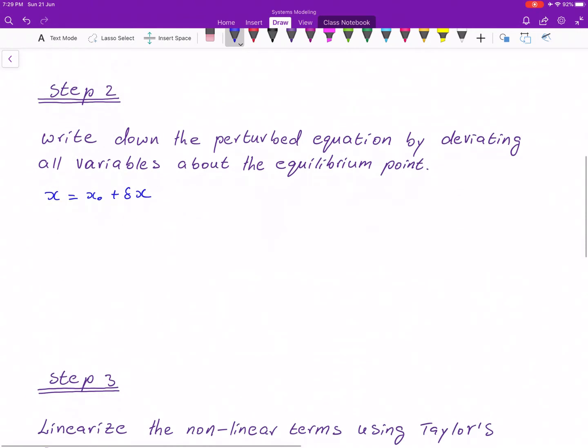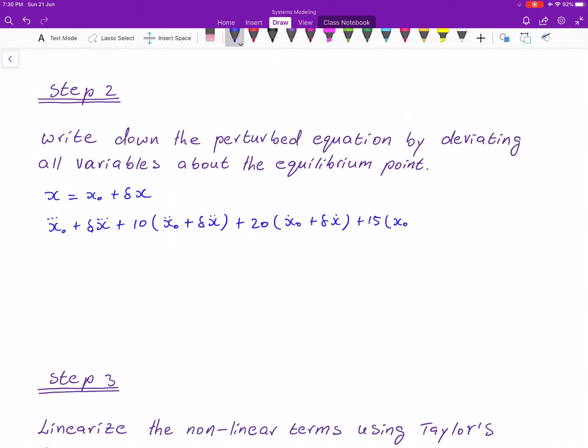So I can rewrite that as x triple dot naught plus delta x triple dot plus 10 x double dot naught plus delta x double dot plus 20 x dot naught plus delta x dot plus 15 x naught plus delta x is equal to 3e to the minus 5 x naught plus delta x.